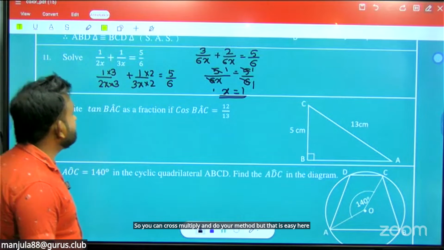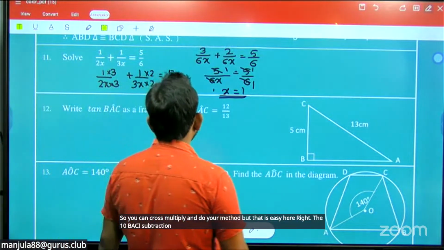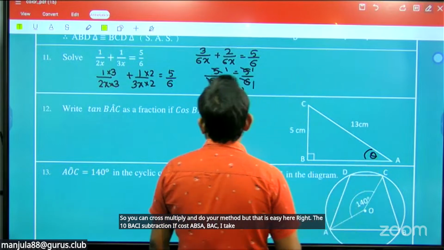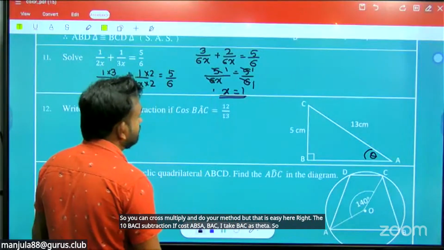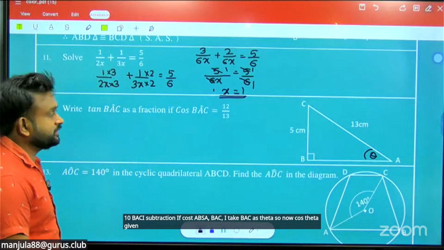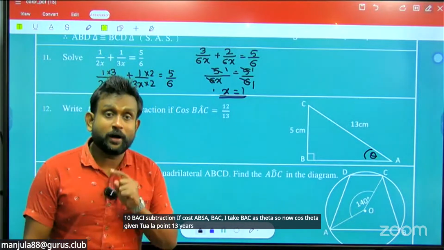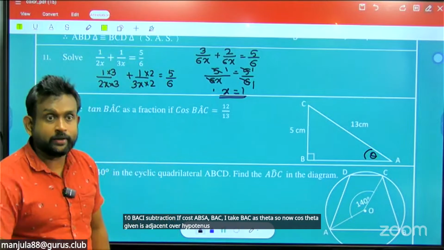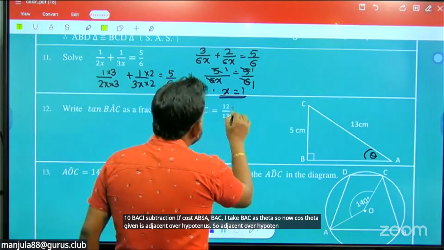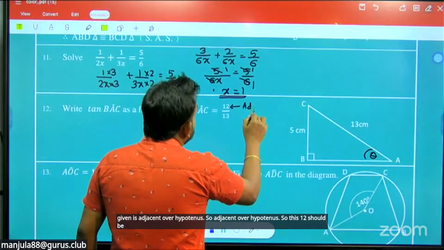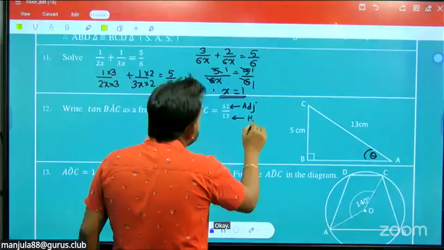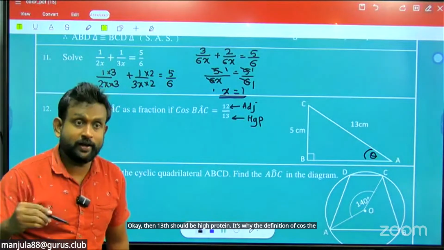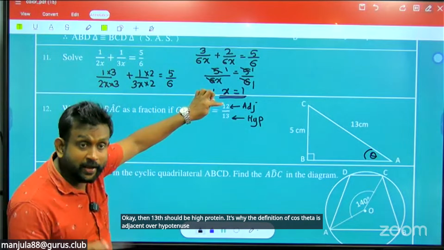Find tan BAC as a fraction, if cos BAC is given. I take BAC as theta. Now cos theta is given as 12 upon 13. You know that cos is adjacent over hypotenuse, so this 12 should be the adjacent and 13 should be the hypotenuse.